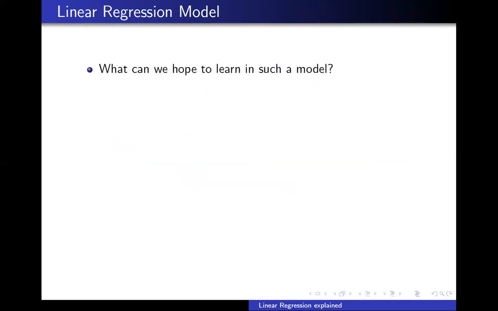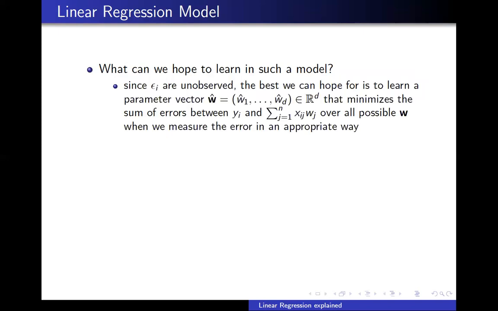Once we have defined our model in this way, what can we hope to learn from it? Since these noise terms, epsilon i, are unobserved, the best you can hope to learn is a parameter vector w hat, which is w hat 1, w hat 2, all the way up to w hat t, that minimizes the sum of the errors between yi, the true output, and the linear combination of the features given this parameter vector.